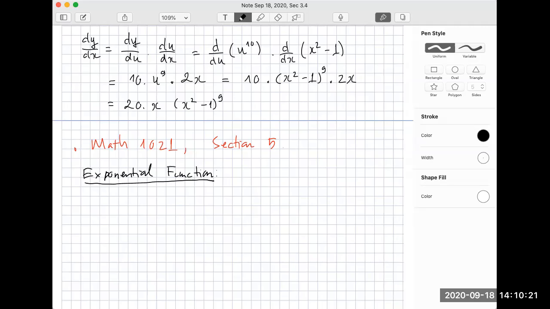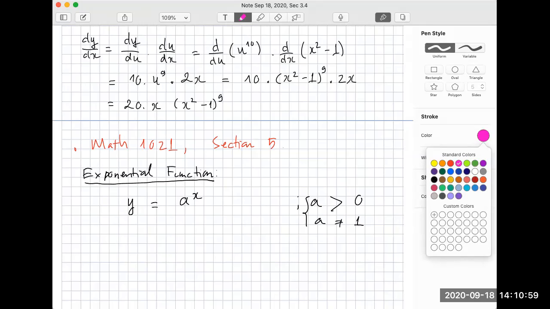Exponential function is a function y defined as a to the x, where we are interested in the case that a is positive. We care about why it's positive. And you see that 1 to the anything will be 1, right? So it's not very interesting. So we don't care about that. So we also exclude a is 1. This function we call exponential function. And the very important property is that it is a one-to-one function.